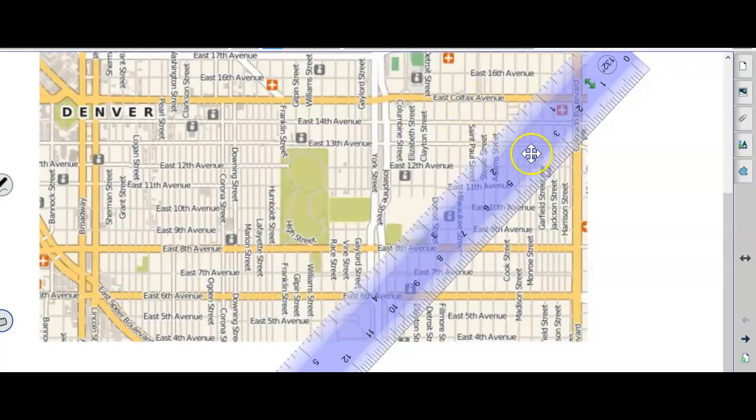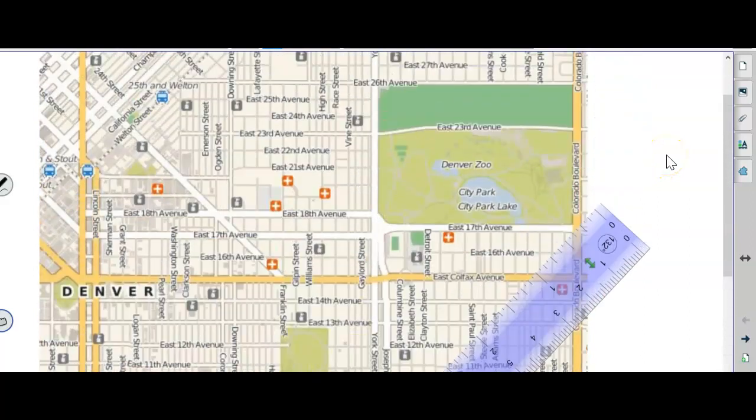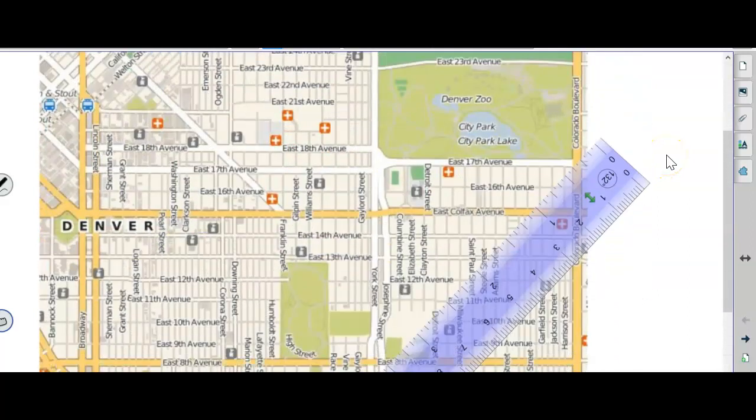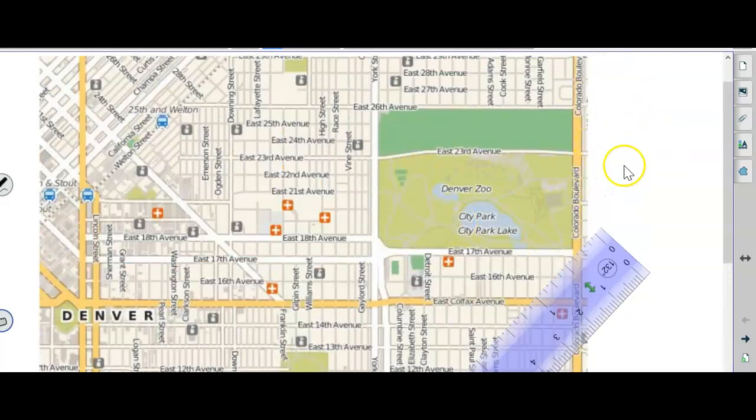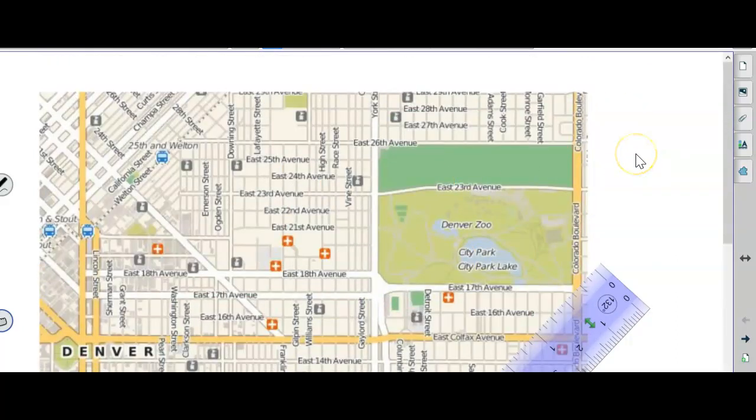All right, scale models. So we have a partial map of an area of Denver. I don't even know if this is really Denver, but it is what we are going to use.